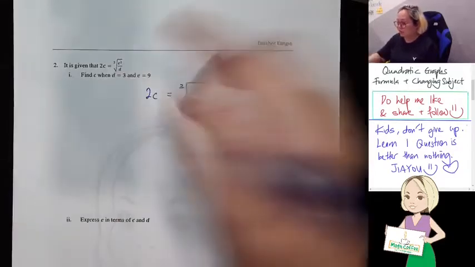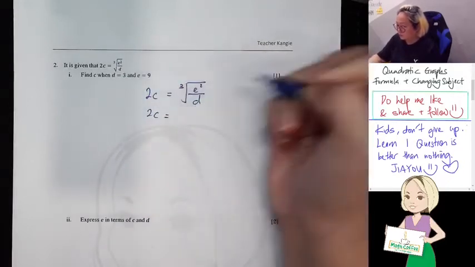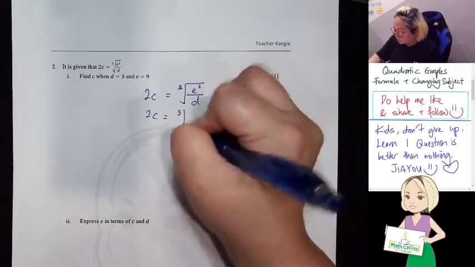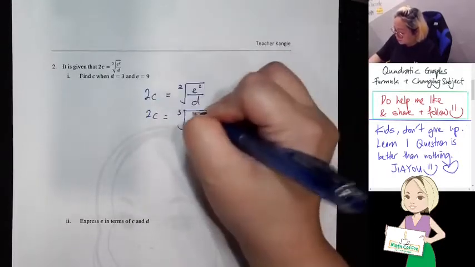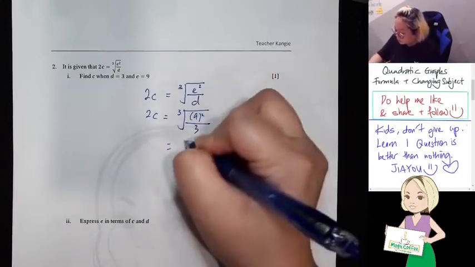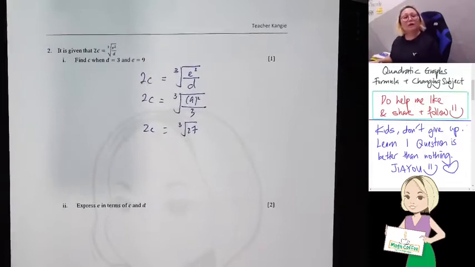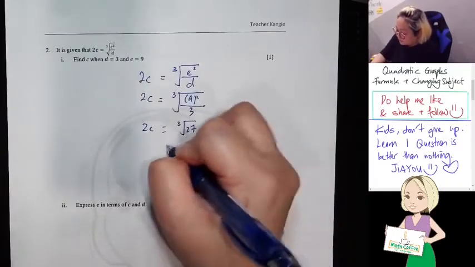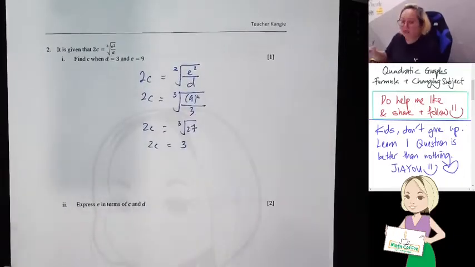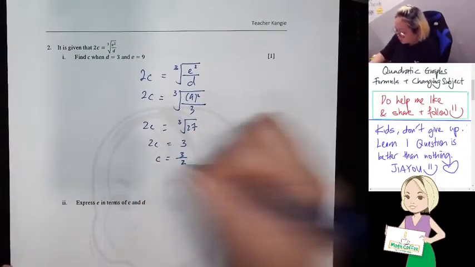So actually I just need to sub in values first. So 2c is equals to cube root, my e will be 9, so it's 9 square over 3. So this will be cube root 27. Okay, and cube root 27 is 3, so it becomes 2c equals to 3. I want to solve c, so c is equals to 3 over 2.